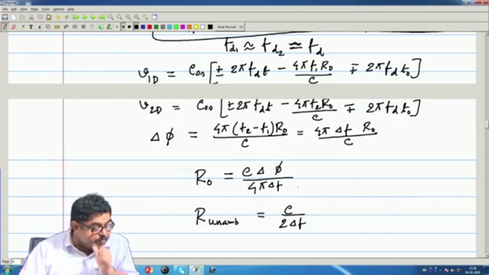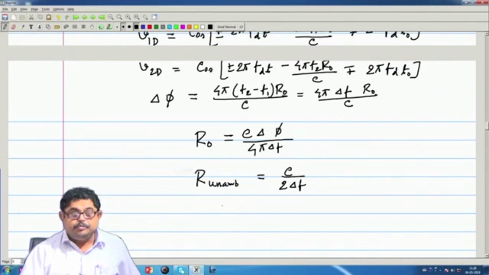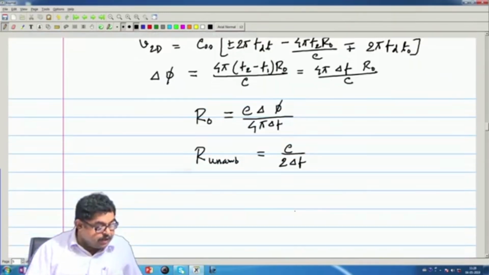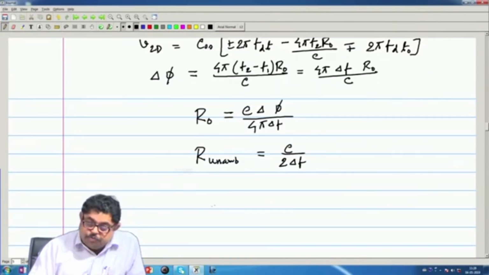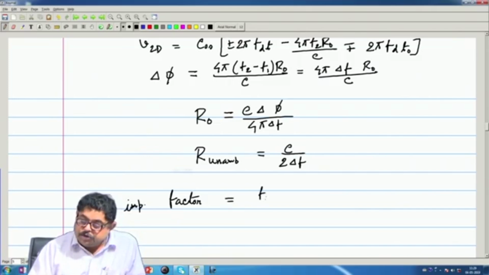This is a very simple technique, and it is a practical thing. The improvement factor of range is f0/Δf.